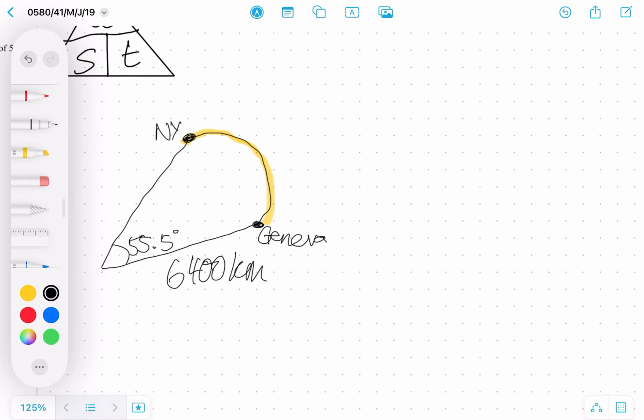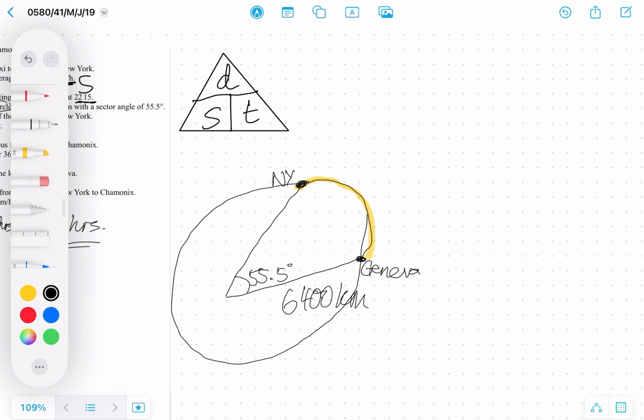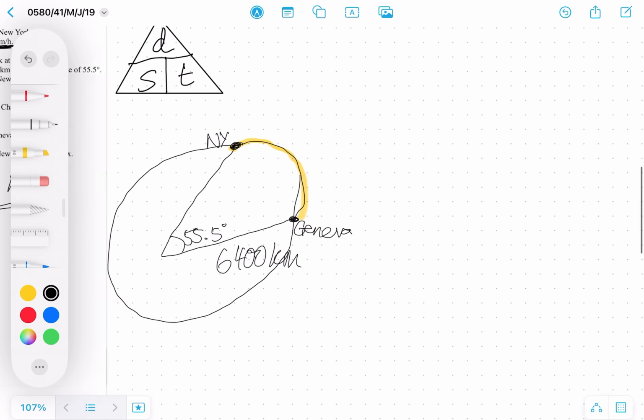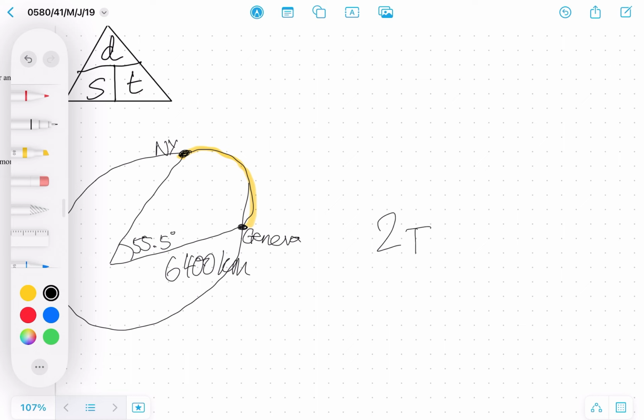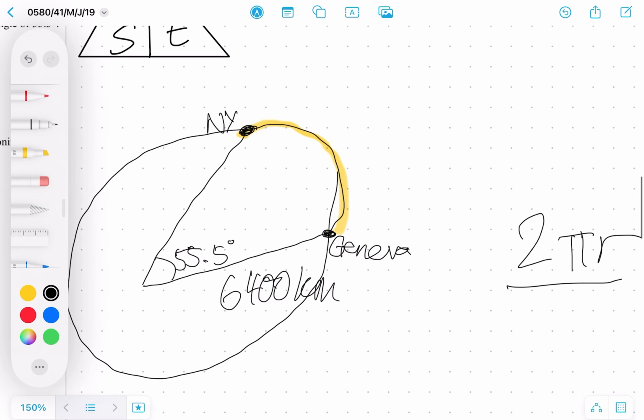How we do that is, we know that if this was a full circle, the perimeter of the full circle would be 2 pi r. But here we only have a sector with angle 55.5 degrees.